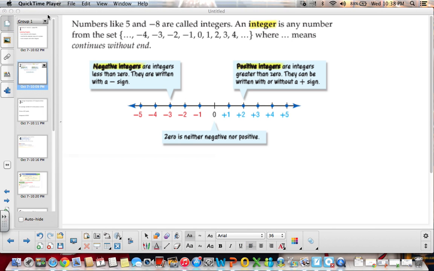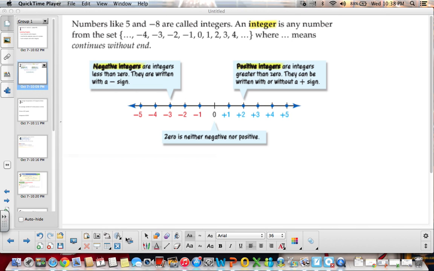When we talk about integers, we are talking about any number from this set: -4, -3, -2, -1, 0, 1, 2, 3, 4, on and on. These dots mean it continues without end.